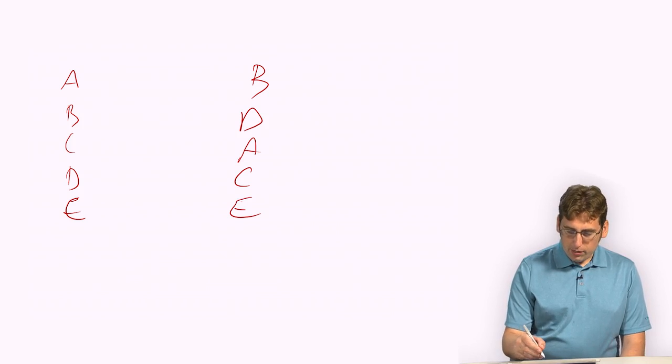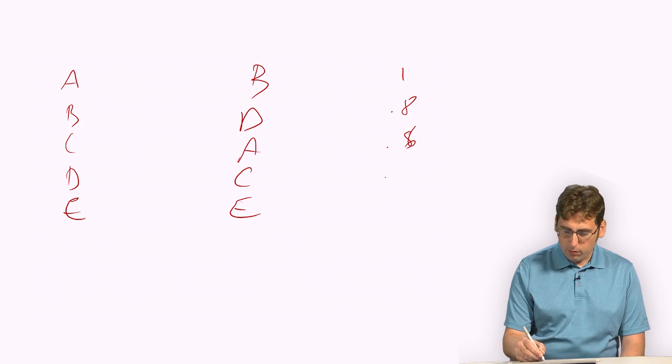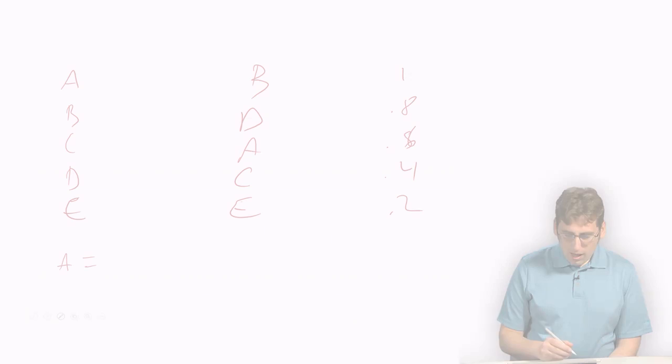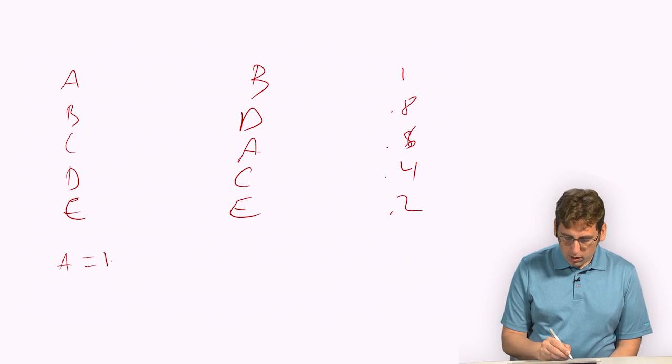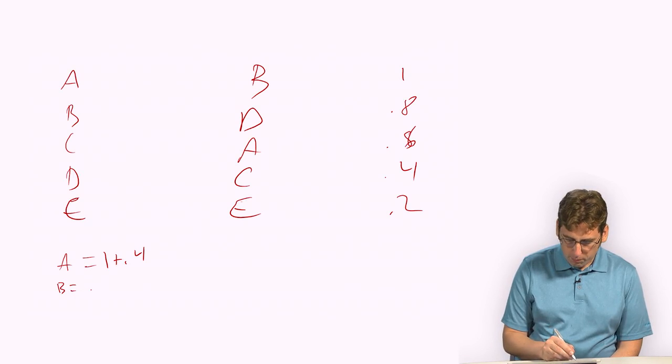then we can say that the percentile rank here is 1, 0.8, 0.6, 0.4, 0.2. A equals 1 plus 0.6. B equals 0.8 plus 1.